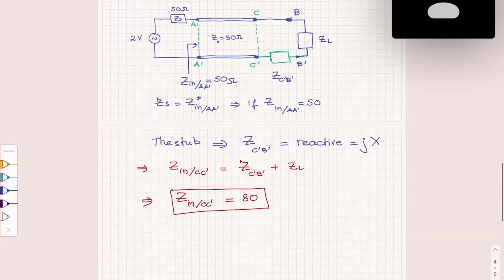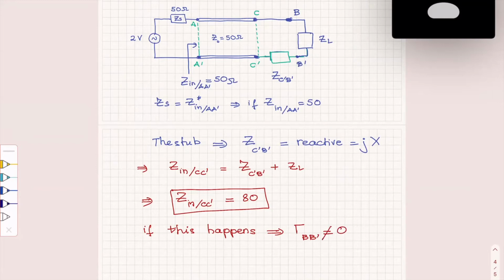But if, however, that happens, then my reflection coefficient at B prime is not gonna be 0.